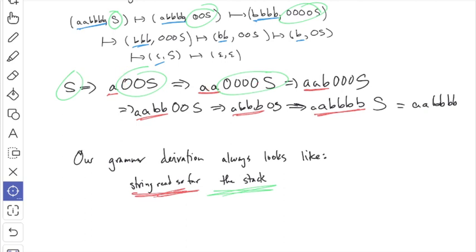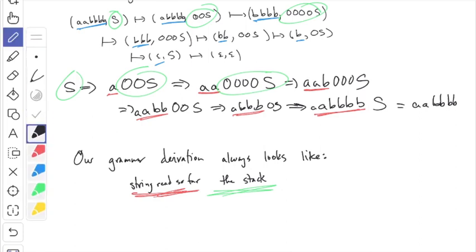It doesn't change all the way on the right end or all the way on the left end. So each step changes in the middle here. Each step in the grammar, we're not changing the ends of these things. It's just right in the middle where it gets modified each time. All right?